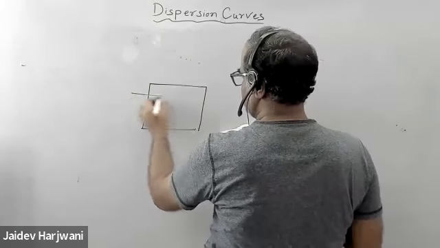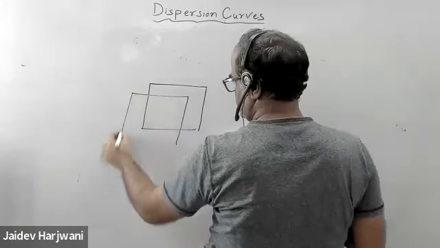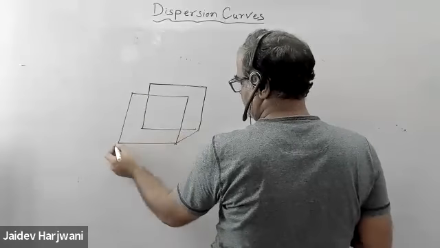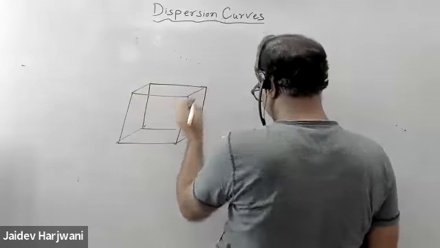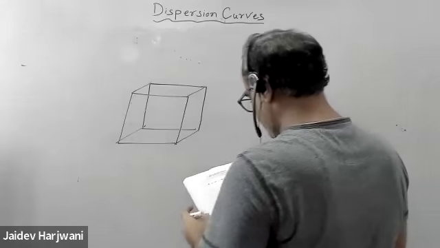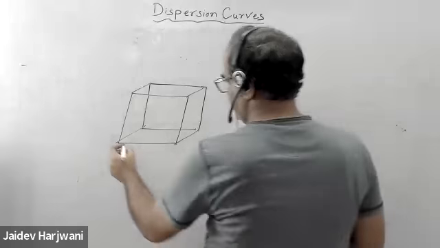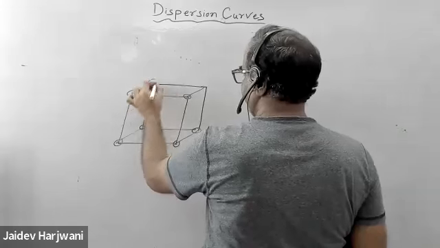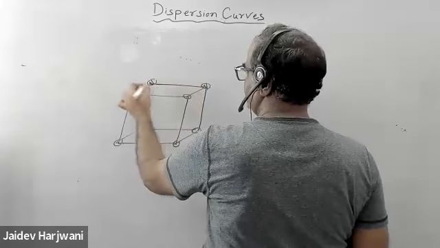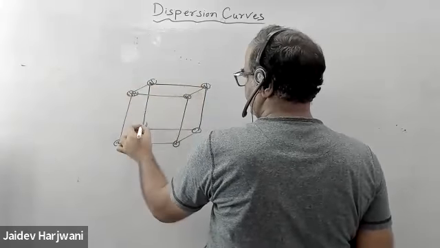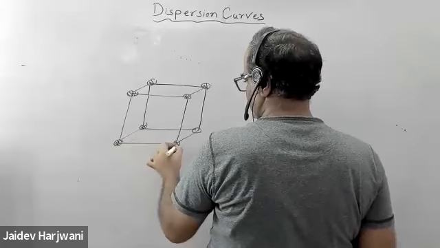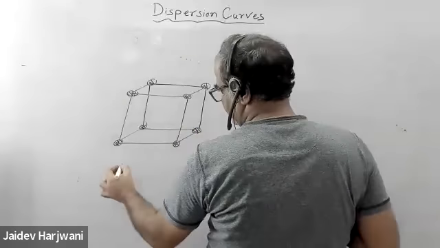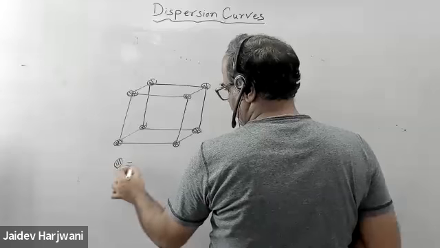Here at the corner, we have corner atoms, and the corner atoms are barium.